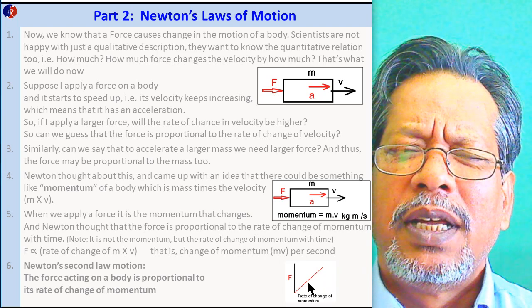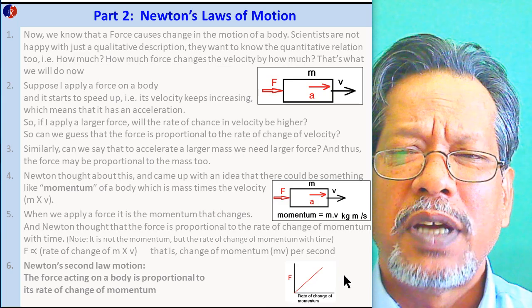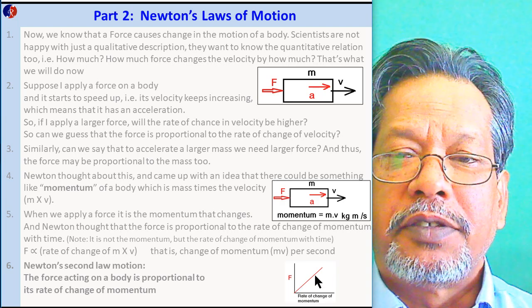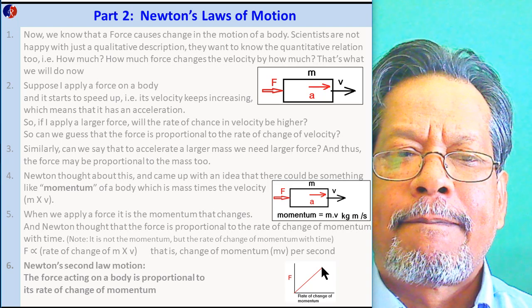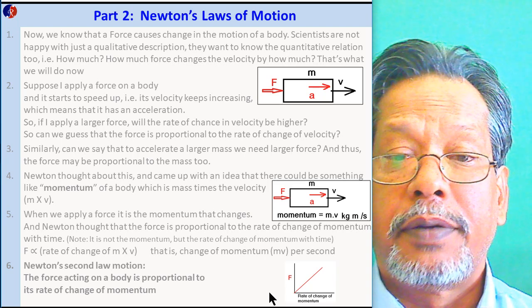Well, that's not always true. The slope could be different too. So let's say if this increases, that also increases. That increases too. Okay? So it's linear.